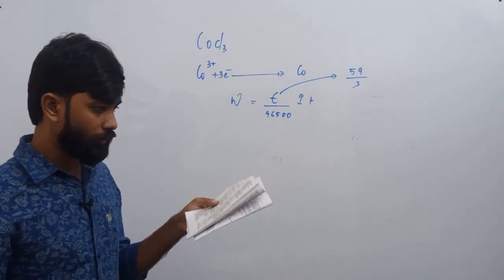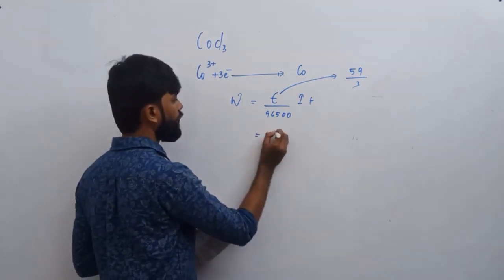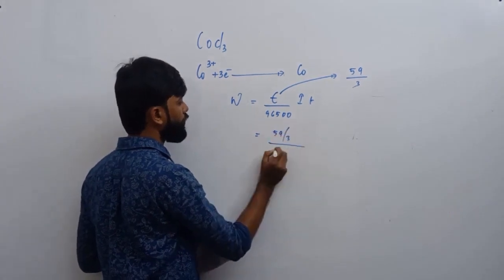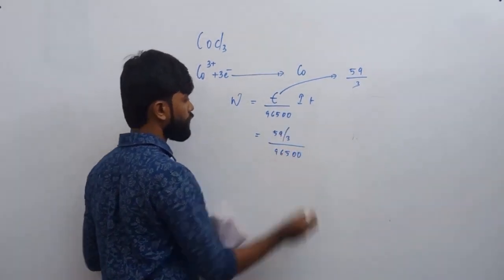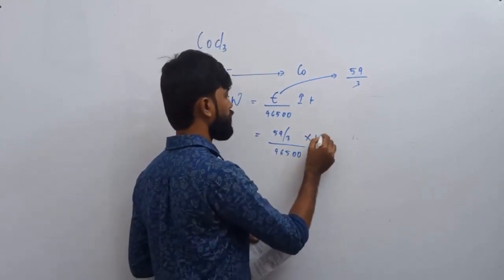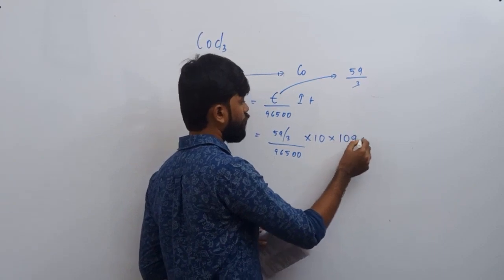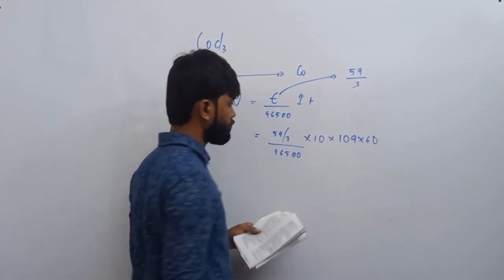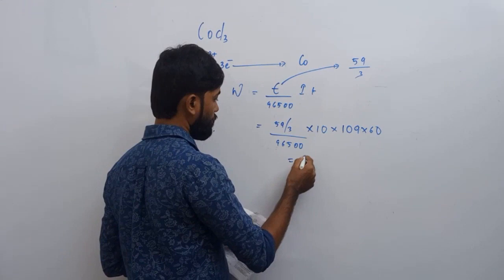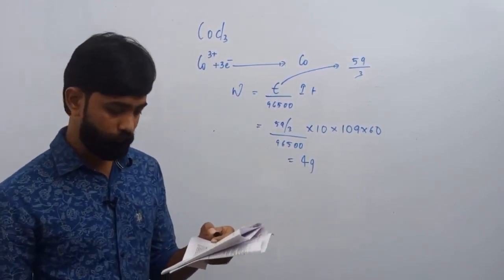So the molar mass, I think 59. So 59 divided by 3 divided by 96500. What about the current and time? Current is 10 amps and the time is 109 minutes. 109 into 60. All this, I think we obtain 4 gram. Check it. The choice will be 2.